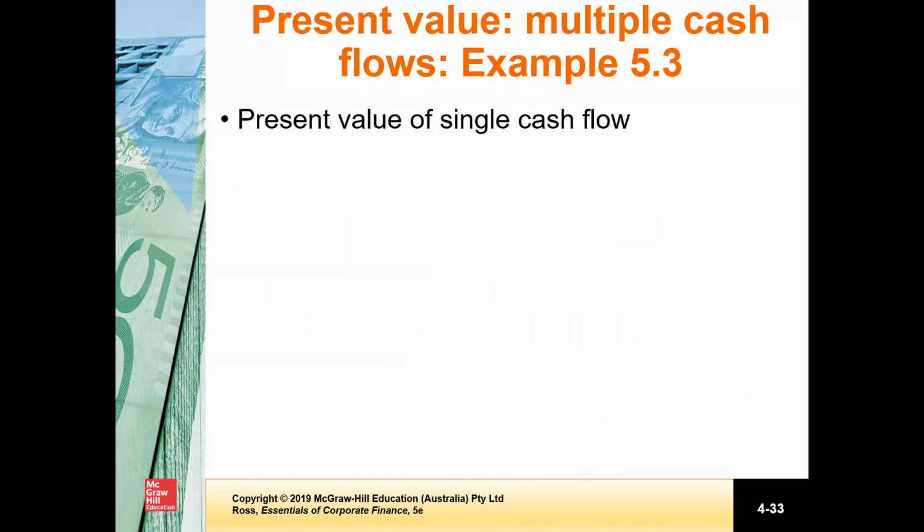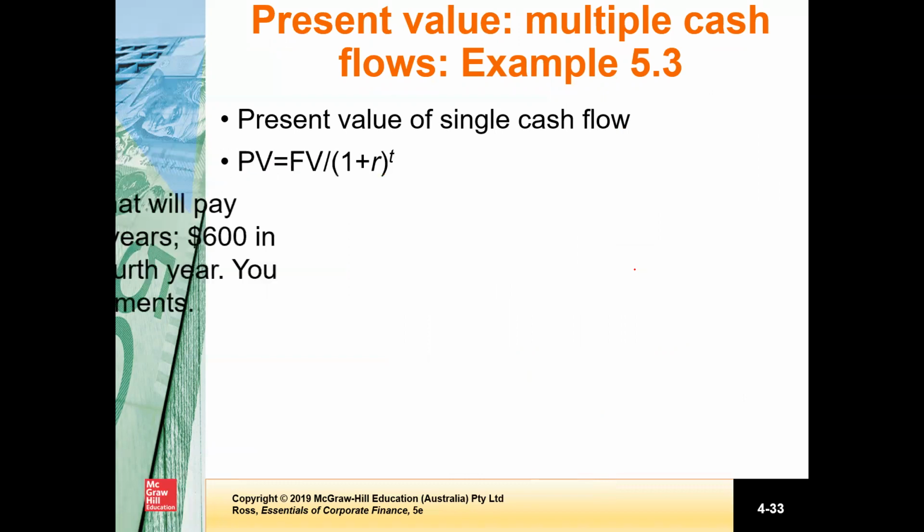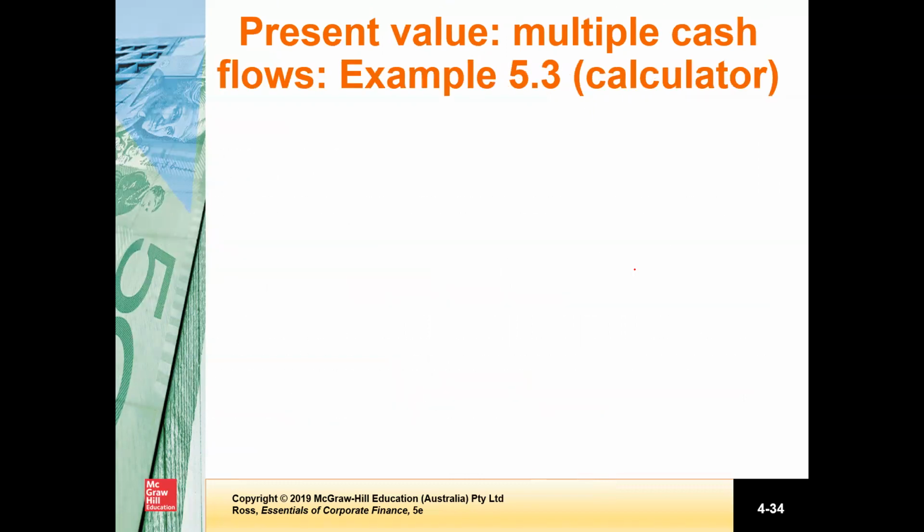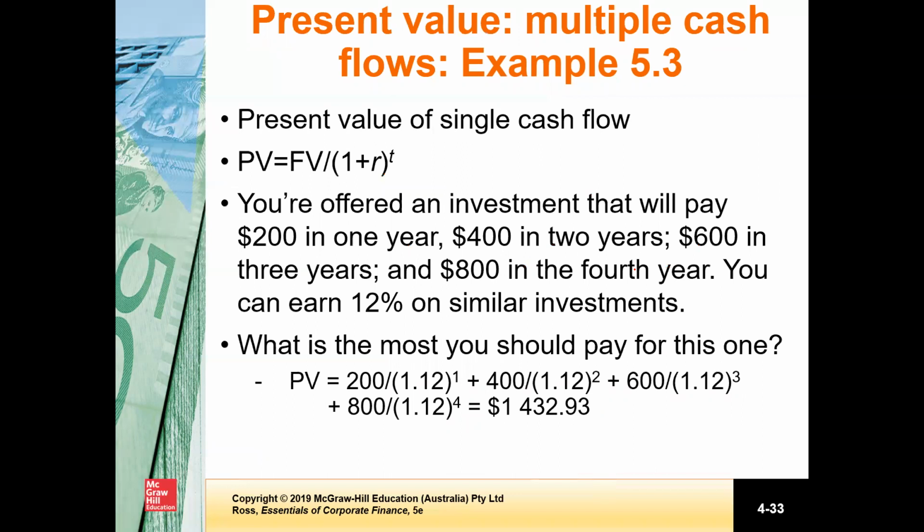Okay, now we will see how we find out the present value of multiple cash flows. So we often need to determine the present value of a series of future cash flows. As with the future values that we have seen in the previous slides, there are two ways we can do it.